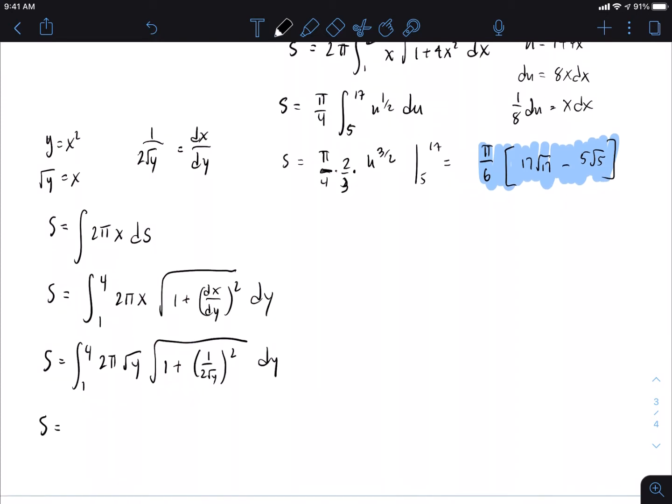So s is going to be the integral from 1 to 4. I should put the 2 pi out already. Root of y times root of 1 plus 1 over 4y dy.